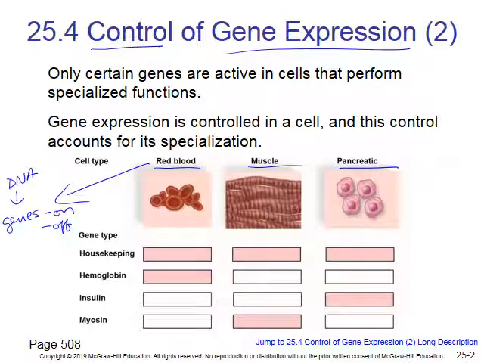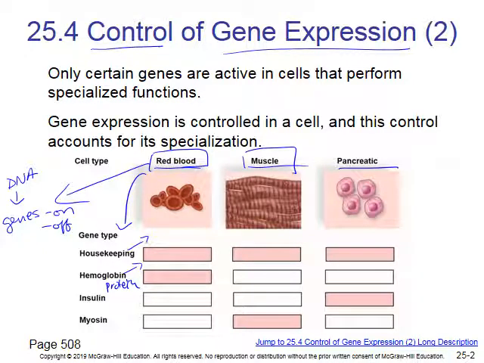There's no point in wasting energy in having a gene on if it doesn't contribute to the function of that particular cell. So a great example here, if we have a red blood cell, we have some housekeeping genes, and we have hemoglobin. This is the protein that carries oxygen for us. We probably want to turn that on and have it on all the time, right? Or else our red blood cells wouldn't be able to carry oxygen.